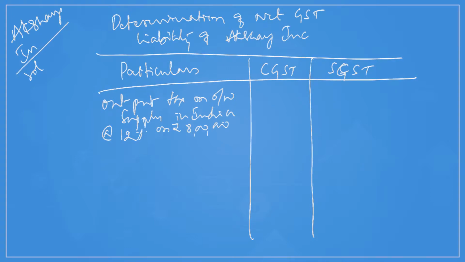That comes to rupees 96,000, and for CGST it comes to rupees 48,000, for SGST also rupees 48,000.